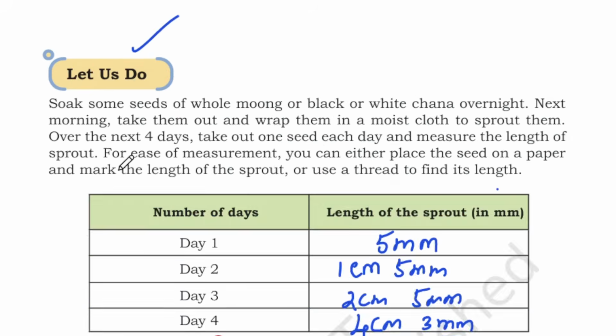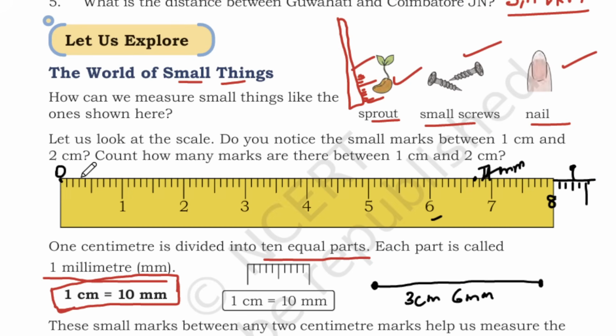Here also you can see, look at this scale. This is 10 millimeter, which is also equal to 1 centimeter. And if you add here, this will become 20 millimeter, which is also equal to 2 centimeter.